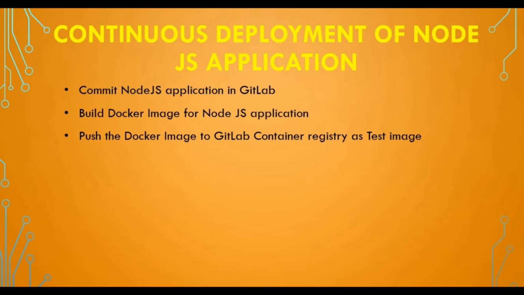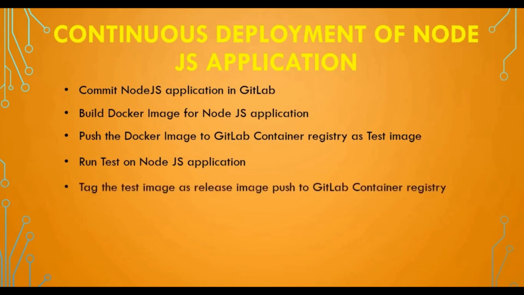This image we will mark as a test image. It's not the actual release image, so we can name it something like test, or use some variables. Then we will run a test on the Node.js application using this test image. If the application passes the test, then we will tag the test image as a release image and push that into the container registry again.